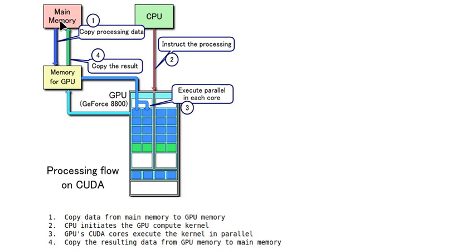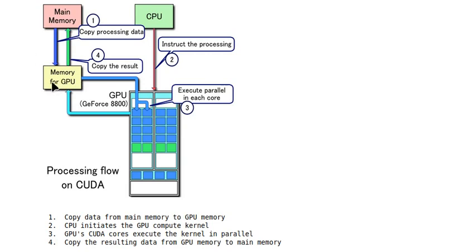For the kernel or the function to work, the CPU has to copy the data from the main memory to the GPU memory. That's the first step.